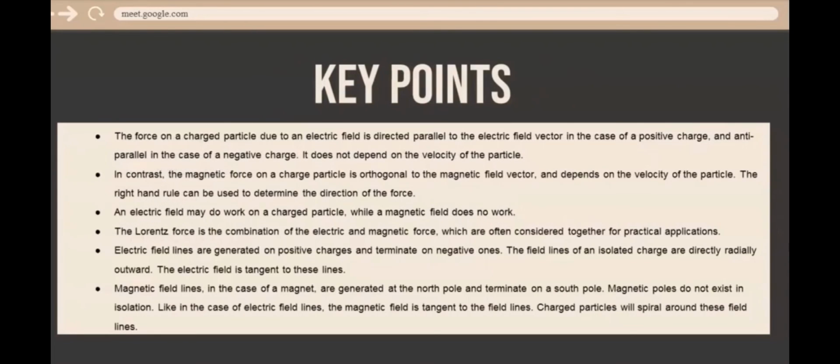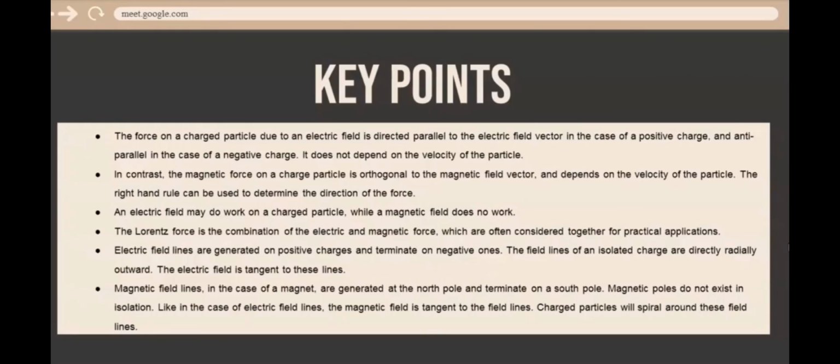Key points. The force on a charged particle due to an electric field is directed parallel to the electric field vector in the case of a positive charge and anti-parallel in the case of a negative charge. It does not depend on the velocity of the particle. In contrast, the magnetic force on a charged particle is orthogonal to the magnetic field vector and depends on the velocity of the particle.